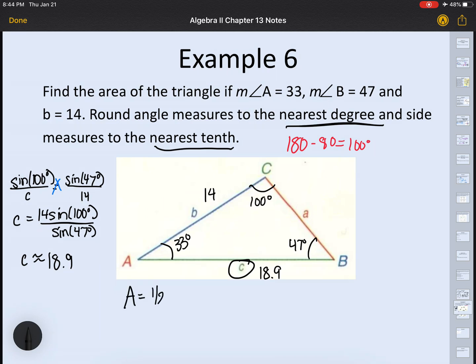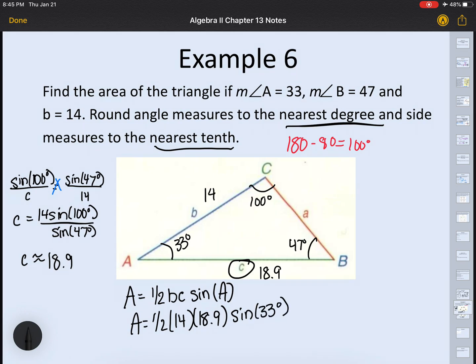I'm going to use 1/2, side length B and side length C because they're the only 2 side lengths I know. And I'm going to use the sine of A because that uses side lengths B and C. So if I plug in what I know, I get 1/2 times side length B, which is 14, times side length C, which we just figured out was 18.9, times the sine of angle A, which is 33 degrees. And we could straight up plug that all in the calculator.